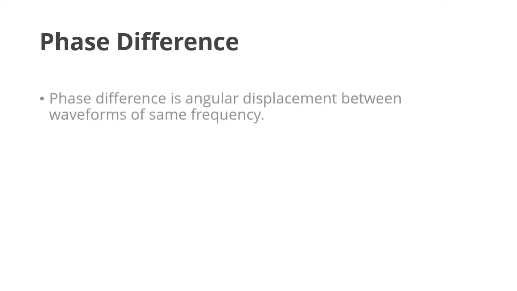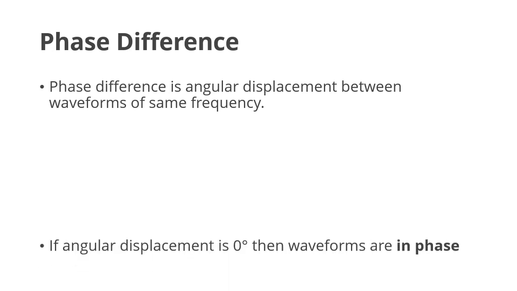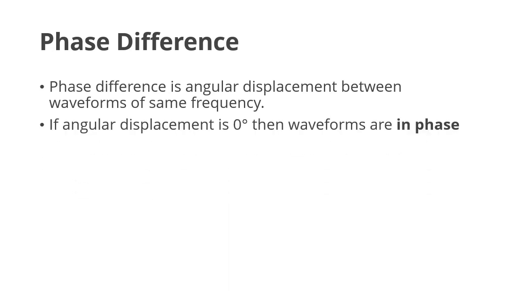Phase difference. The phase difference is the angular displacement between waveforms of the same frequency. So if we want to determine the phase difference, the condition is the waveforms should be of the same frequency. If the angular displacement is 0 degrees, then the waveforms are in phase.